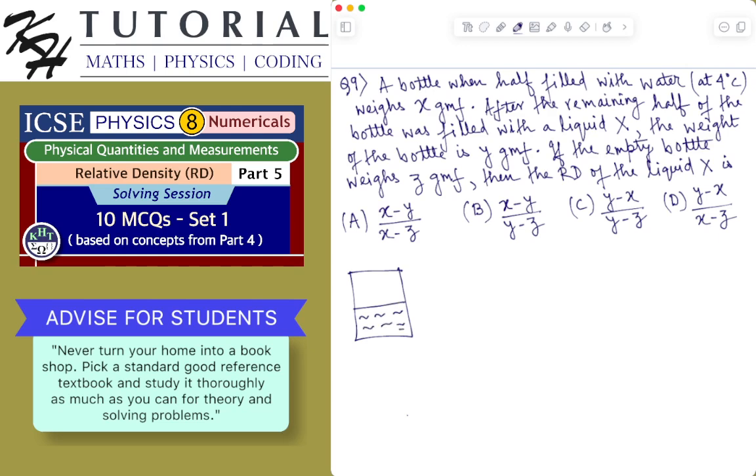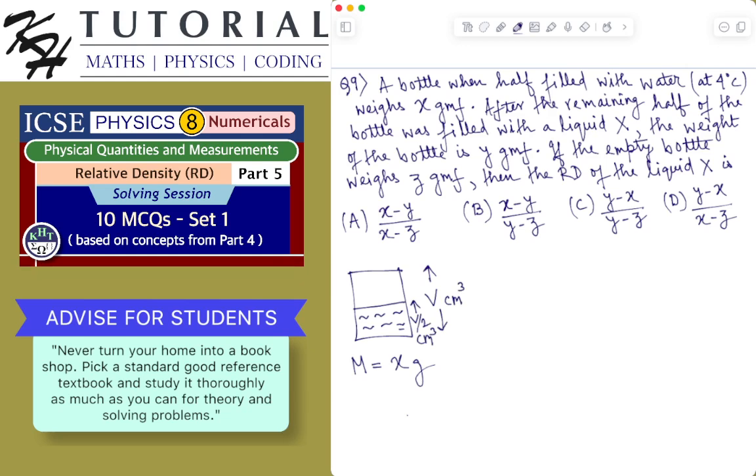The total mass is given to be x gram, and the volume of the water is half the volume of the bottle. So if the total volume is V centimeter cube, the volume of this water is V by 2 centimeter cube.